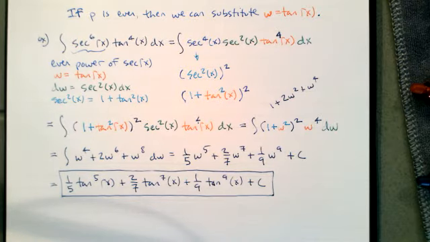Professor, I have a question. Yes. I'm trying to figure out the best way to ask this. So where it says dw equals secant squared x dx, I guess I've been solving for dx, and then that cancels out that secant squared, and you're left with a dw.